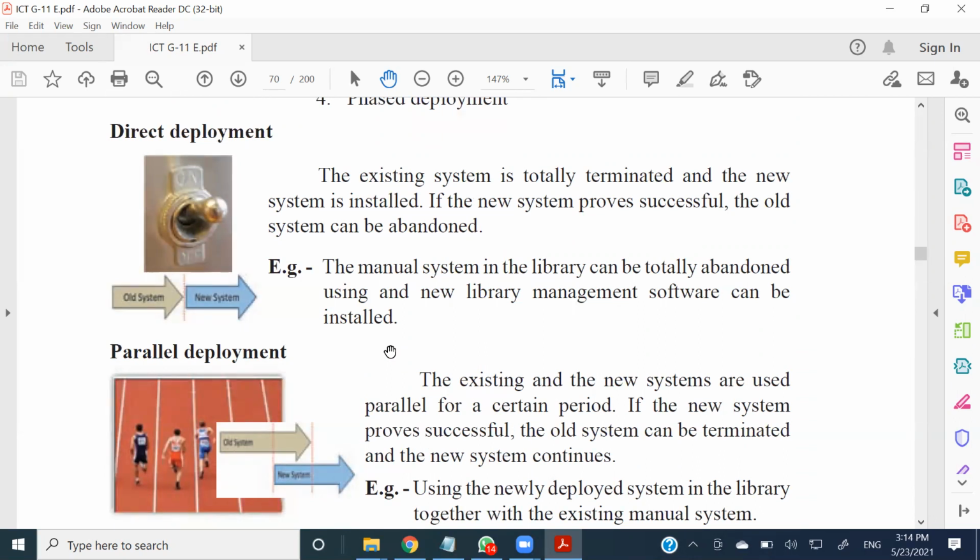So far they have been maintaining their attendance in a particular book. They write the name and the arrival time and then sign. When they are leaving, they mark the departure time and sign again, right? So when the fingerprint system is deployed directly, it means the project team will say, okay, get rid of the book.